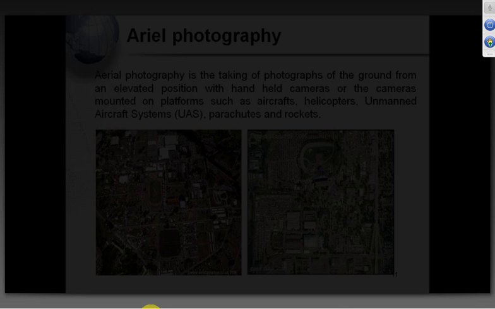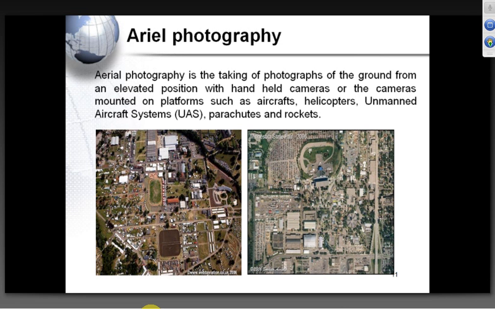Now, aerial photography. As you can see in the pictures here, you can easily see the buildings and the ground levels because these images are taken at a particular height, from an aircraft or airplane, or from a tower elevated on a mountain hill.